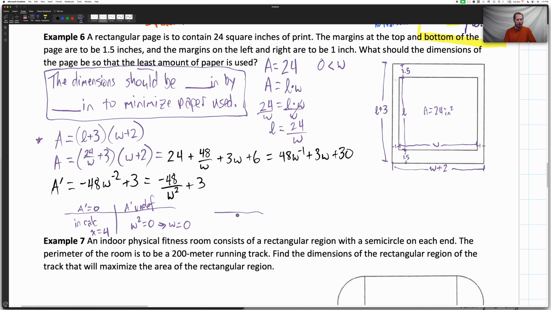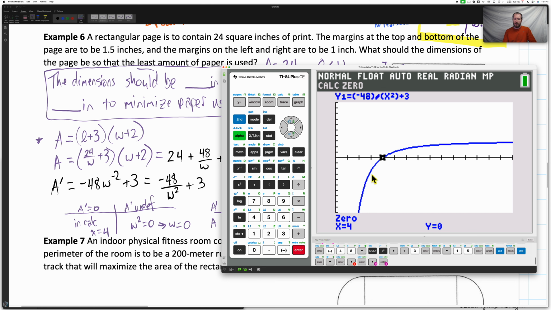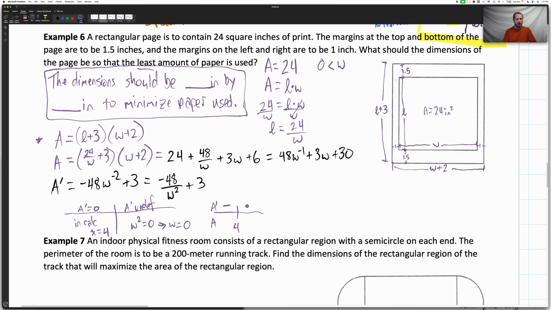We need to make a sign chart. Make sure this is our minimum is what we're looking for, right? So what does A prime tell us about A? And actually, we can go back to our graph and see that we've got negative A prime values and then positive. So negative to positive means our original function changed from decreasing to increasing, so it's got to be a minimum.